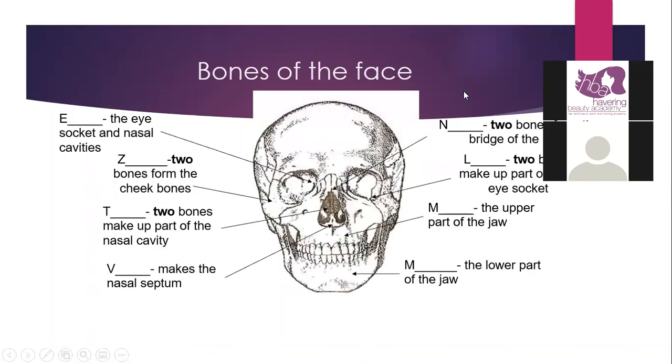So now we're going to move on. We've got here a lovely diagram of the bones of the face. I want you to go through from left to right, starting with the eye socket and nasal cavities, and try to name each bone of the face. This is going to be about a 5-minute activity. Try not to look at your notes, just get it from memory.